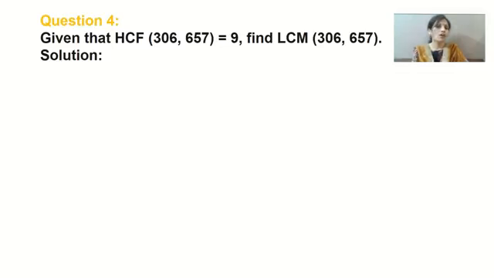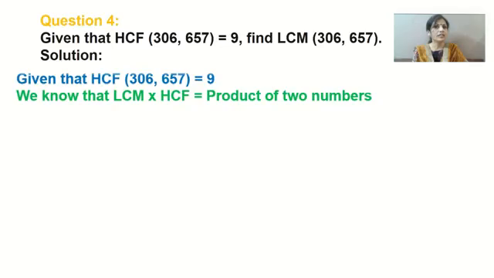Now the moment you come across a sum where you are given HCF or LCM and you have to find something, we will make use of the relation which I told you, that LCM into HCF is equal to the product of the two numbers. Now what is given to us? We are given the HCF of the two numbers. The LCM is what we have to find out. So we will make our formula from this particular relation.